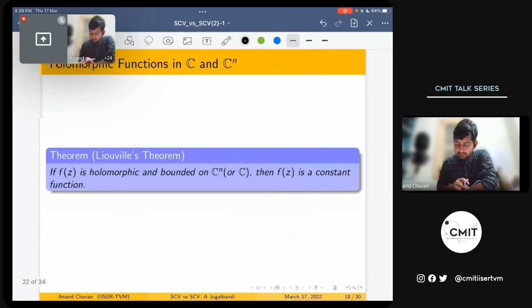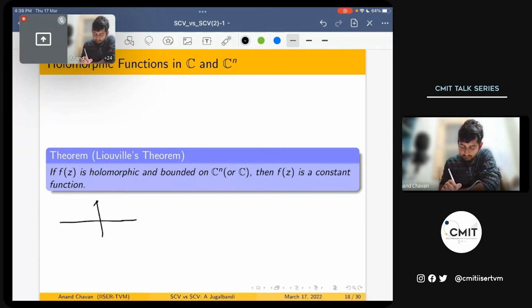Similarly, there's one more result, Liouville's theorem, which says that if f of z is holomorphic and bounded on C, so on the complex plane, say let's consider the complex C1 case.